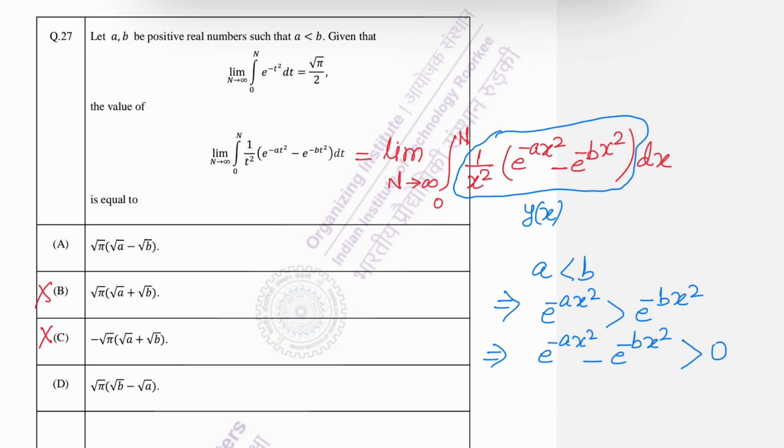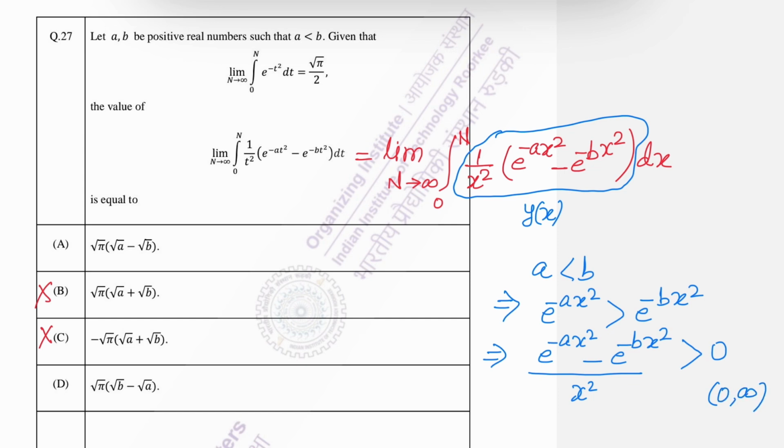Now if you divide this by x square, then this also will be greater than 0, because you know x square is positive for any non-zero real number, and you see the limit is 0 to infinity. Here n tends to infinity, so the interval we can take 0 to infinity.